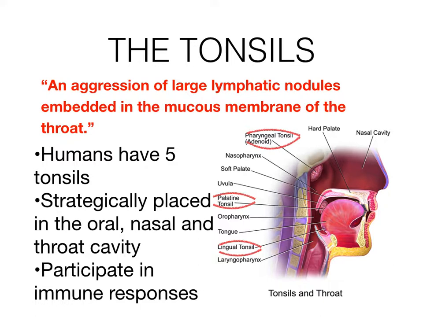All of the tonsils form a ring at the junction of the oral cavity, nasal cavity, and throat cavity. All 5 are strategically placed through evolution to fight off disease or any foreign invaders that may enter the body orally. In addition, all tonsils participate in immune responses, and while the tonsils aren't vital for survival, they are the first defense against infection in the immune system.